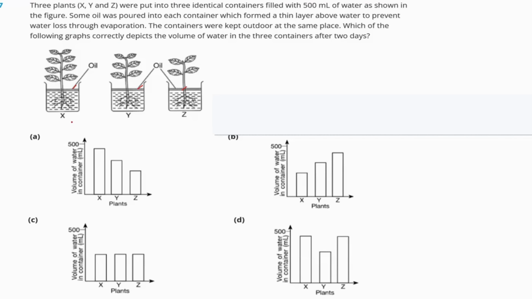Okay, everybody. So here what we have done, we have taken 3 same containers. We have kept 500 ml of water and the plants in them, and kept them outside, but we have poured an oil layer so that evaporation will not happen. After some days, we need to check the water level. One more process happens here that we call transpiration.